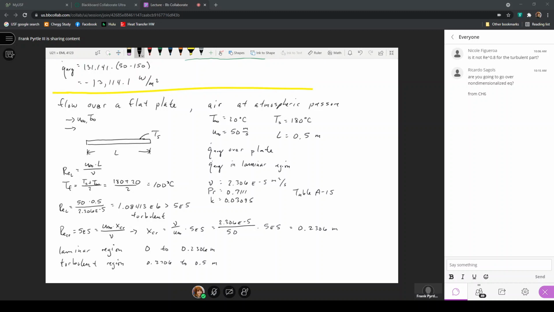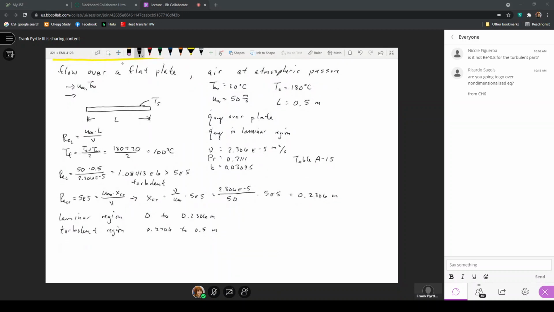The expression of the correlation that is for the combination of a laminar and turbulent region takes into account that there's a distribution, and that distribution is taken into account through the definition of that Reynolds number, and also through that X position that will be used to take the Nusselt number to a heat transfer coefficient.